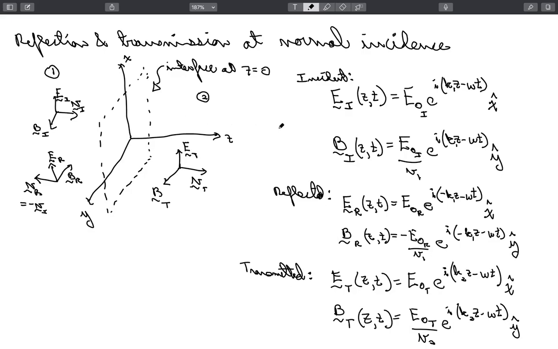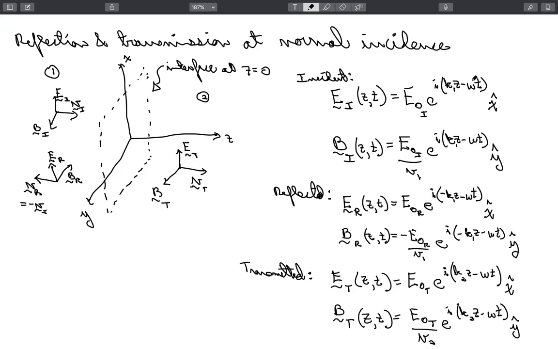Now, we will consider an incident wave which is coming at normal incidence to the surface. So that means that the incident wave travels in the plus z direction. The incident wave's electric and magnetic fields are written in this form. There's a certain incident amplitude propagating as a plane wave in the z direction at a chosen frequency omega.